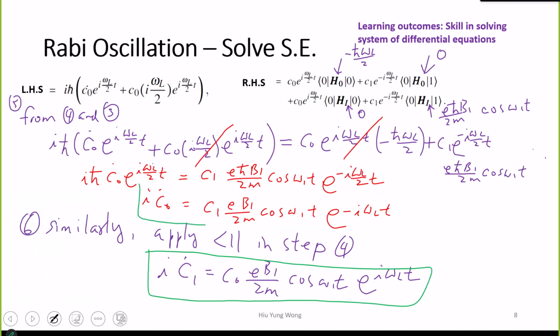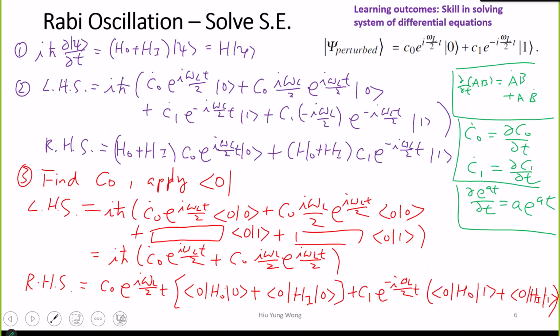I have these two equations. Is this okay? Let's not think about math now. I know this is confusing. You need to go back to the chart, right? But what do we get now? Again, the rates of change of C0, remember what is C0? C0 is the coefficient in front of the 0 state.